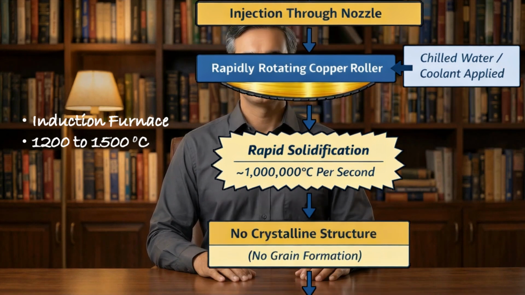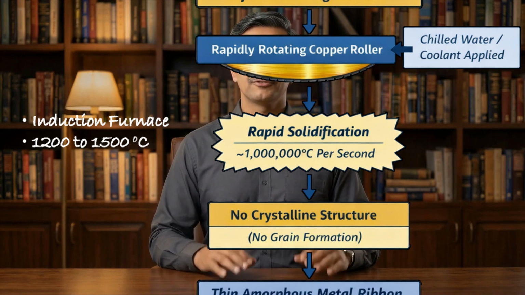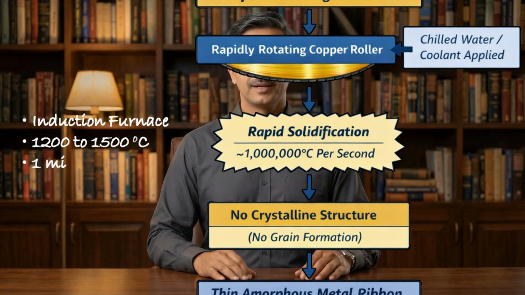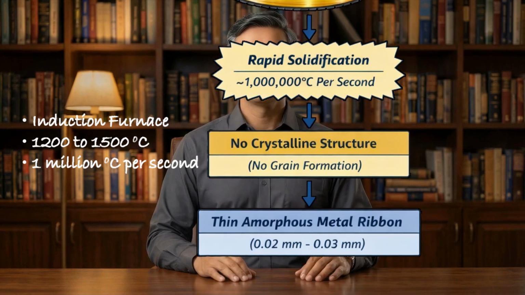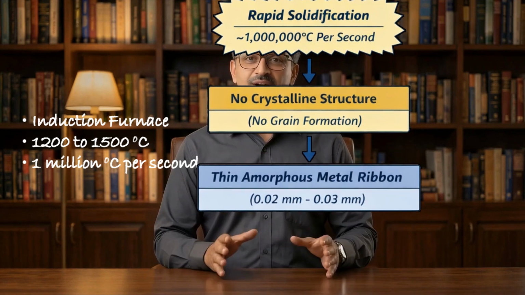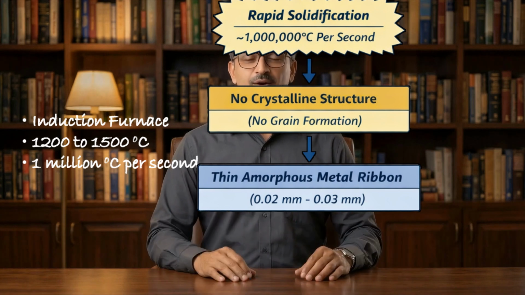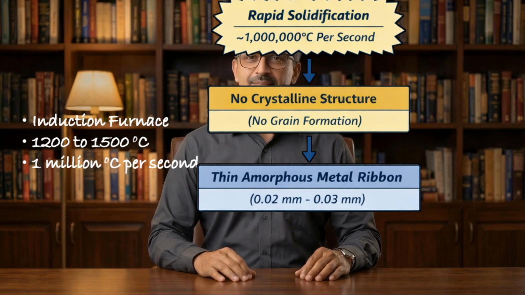Now what happens? The molten metal solidifies almost instantly on the surface of the roller. The cooling rate is extremely high, around 1 million degrees Celsius per second. Because of this very rapid solidification, the metal does not have enough time to form a crystalline structure. So grains are not formed, or we can say the grain formation is practically eliminated.